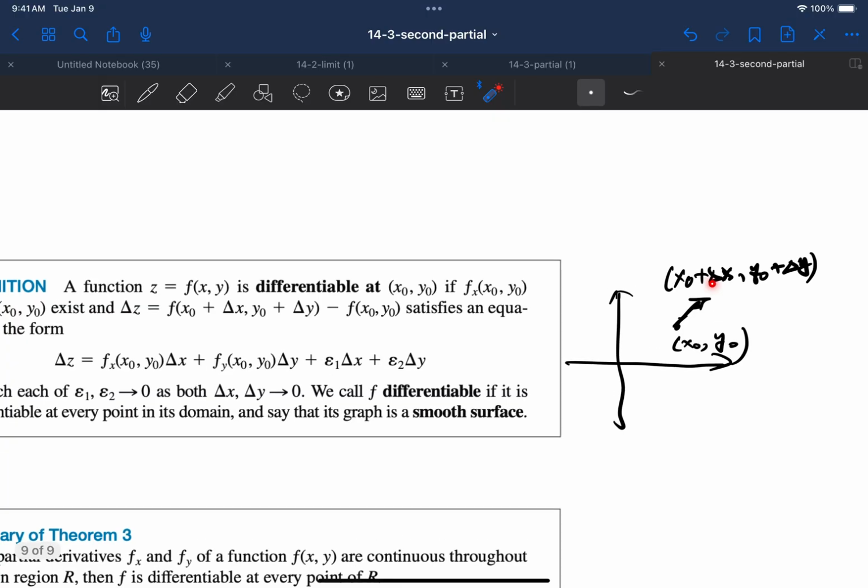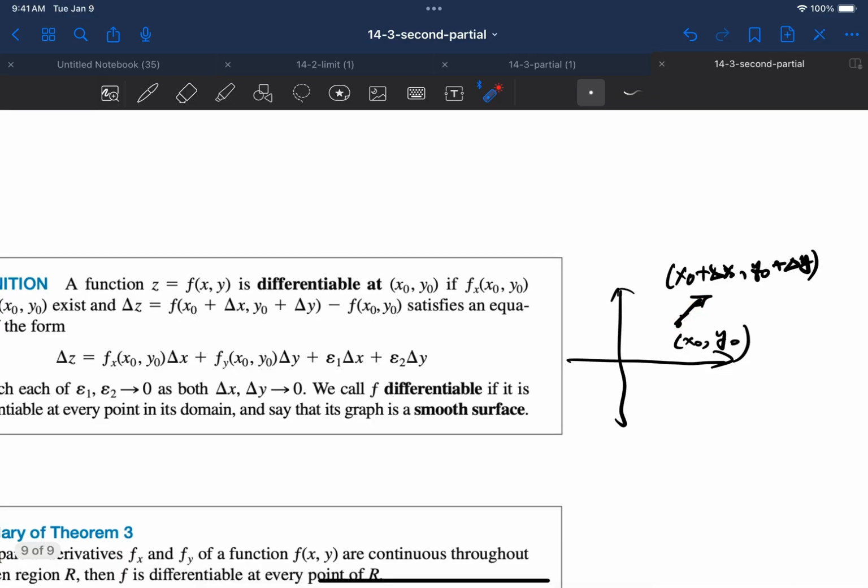So delta x means how much step size you move in the x direction, and this is the change in the y direction. So if you change just a tiny bit, one step, then the function value will change. Then the difference between these two function values will be delta z.